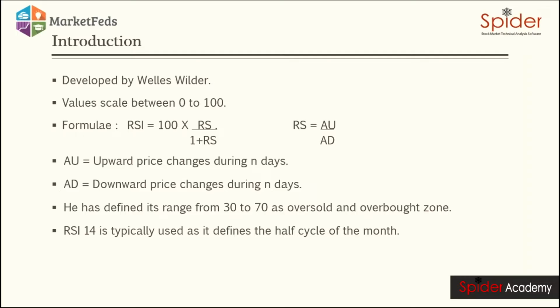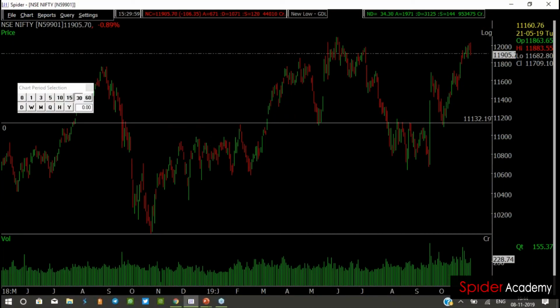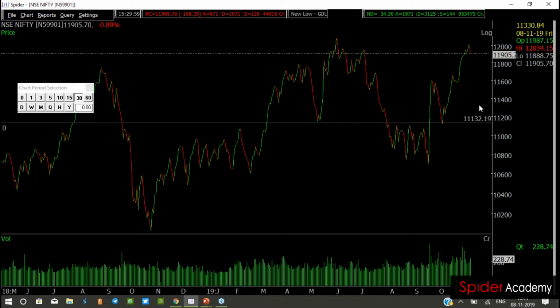right? Now, let's see how we put RSI into our charts. So over here, I have taken the chart for Nifty. As we see, there are too many whipsaws. Even when you put a line chart, there are too many whipsaws that we see.